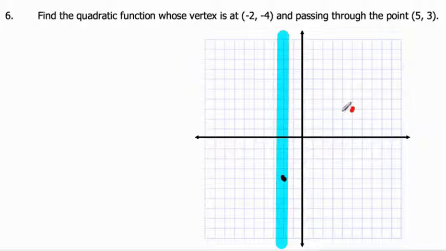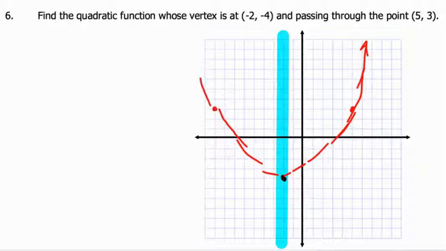It is 7 units to the right of the axis of symmetry, so it's going to be 7 units to the left of the axis of symmetry. And it's going to look something like this. So I'm just trying to sketch it here.